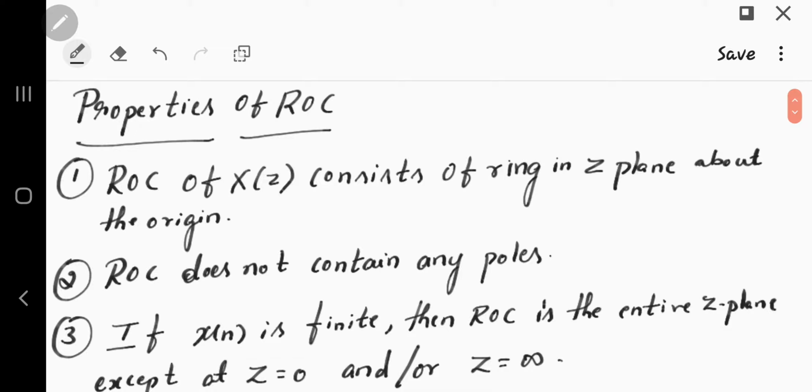Now the first one says the ROC of X of z consists of a ring in the z plane about the origin.